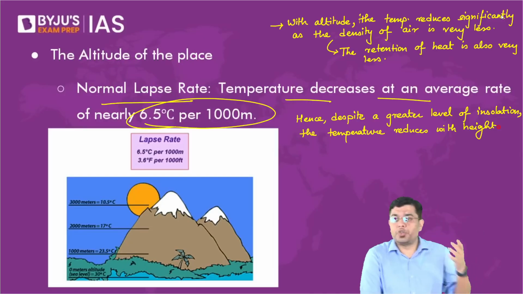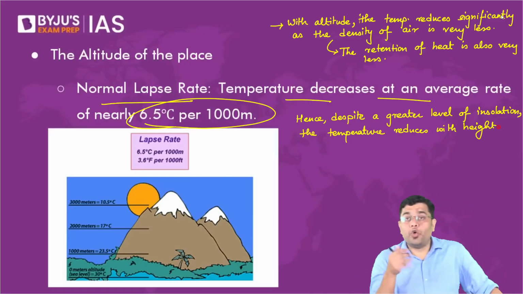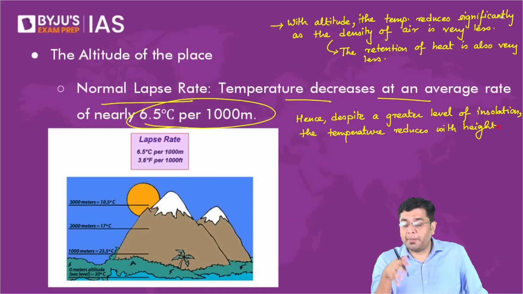Many portions of them, even though at an altitude of around 5 kilometers above sea level, are not covered by snow in the majority of the year. It is only during the winter months that almost every portion is covered with snow, but in summer months it is not. So in that case, the factor of albedo doesn't come into place. That is basically dependent upon the density of air particles.